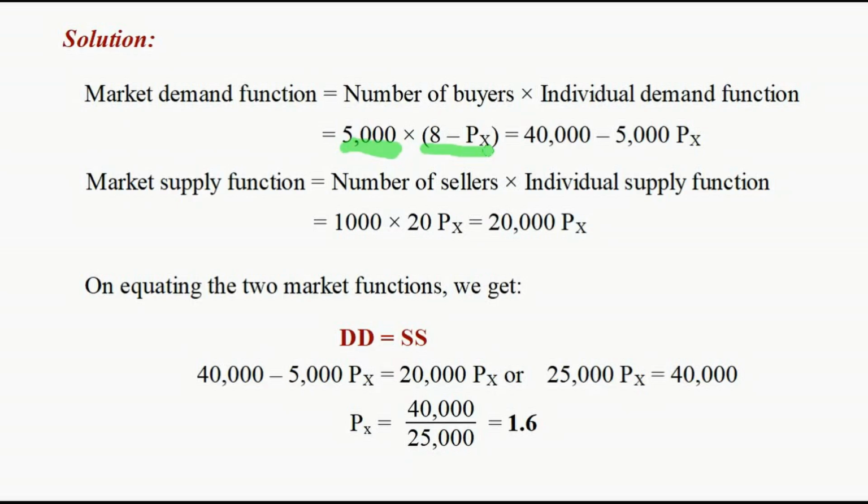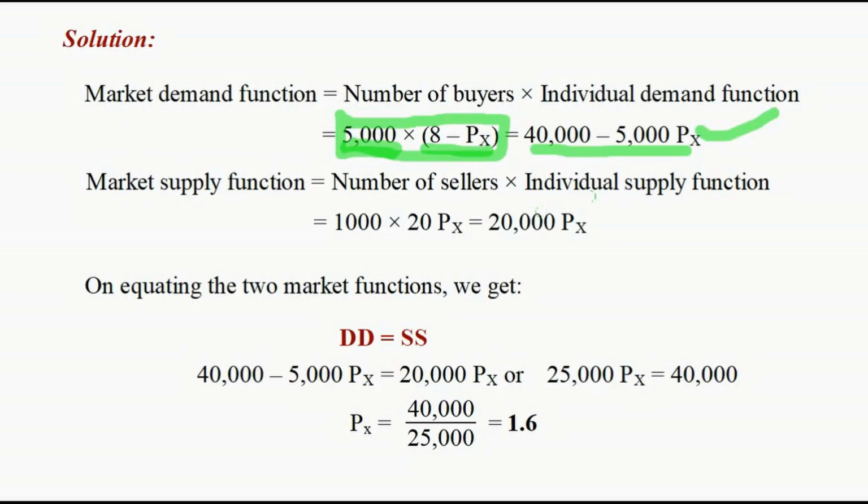In order to convert this into the market demand function, we simply multiply 5,000 by 8 minus Px, the individual demand function. And this will give us the market demand function, 40,000 minus 5,000Px. This is the market demand function. Now we have the market demand function here.